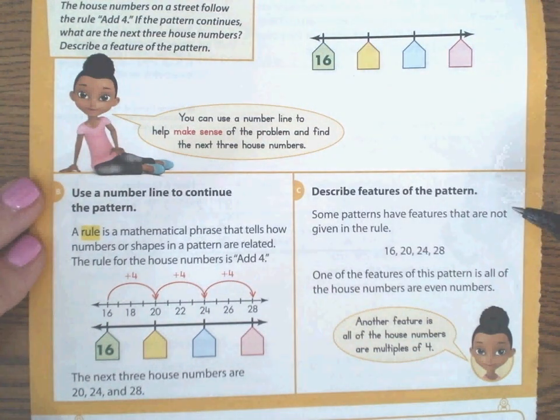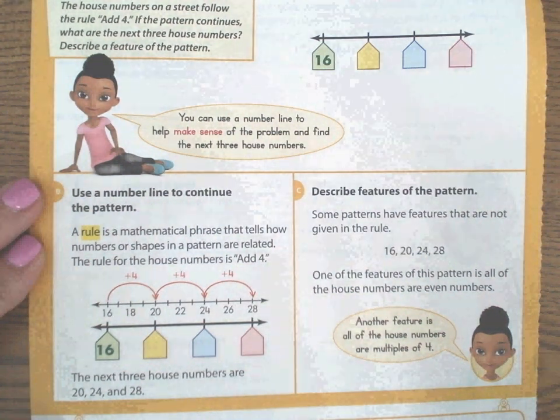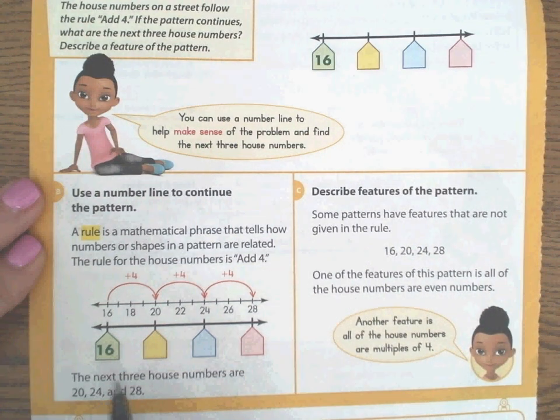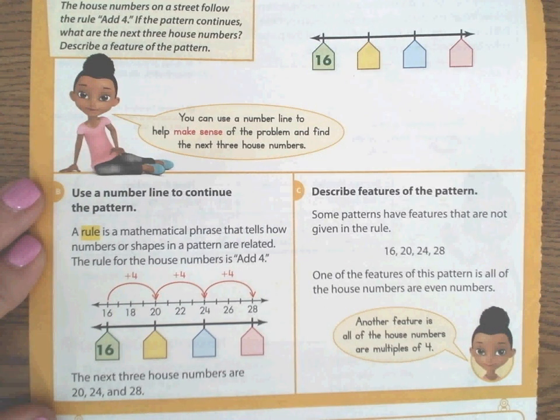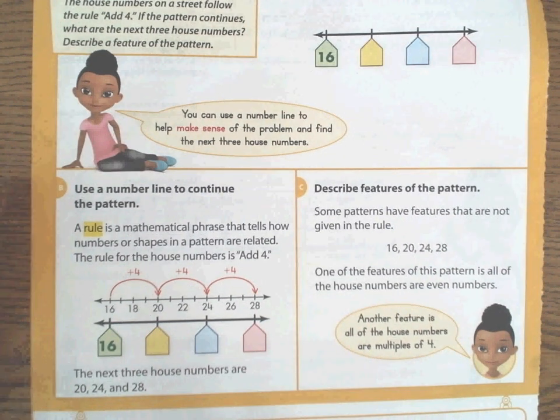So to describe a feature of the pattern, some patterns have features that are not given in the rule. So one of the features here is that 16, 20, 24, and 28 are all even numbers. So you can look for features such as that when you are describing the patterns.